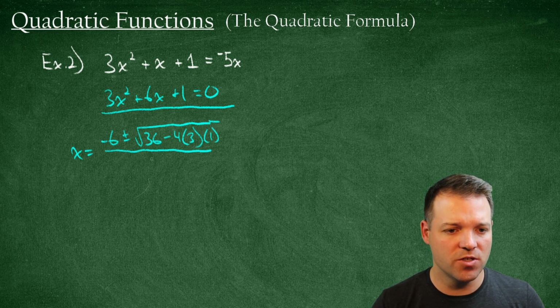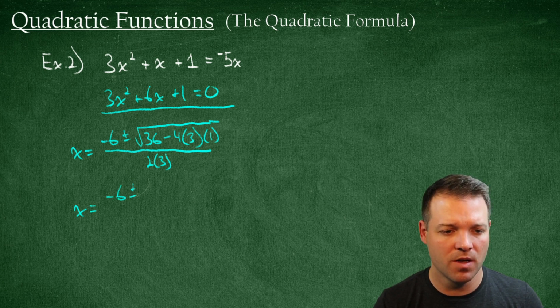Anyway, all over 2a, or 2 times 3, which is 6. Let's simplify this, especially the discriminant, and talk about what types of solutions we're going to have. So I have 36 minus, 4 times 3 is 12, so 36 minus 12 is 24, all over 6.